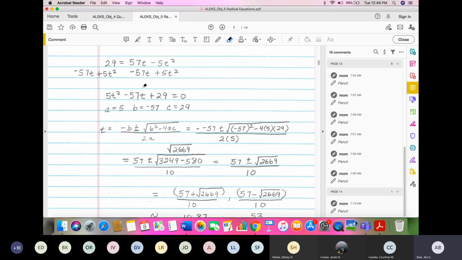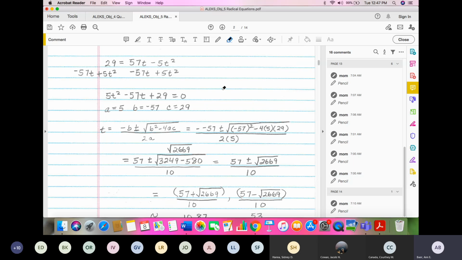And then we want to write the constant term last. Equals. These cancel, we are left with 0 on the right side. So this allows us to identify our a, b, and c correctly. A is the coefficient of this term, which is 5. B is the coefficient of this term, which is negative 57. C is our constant, which is 29.